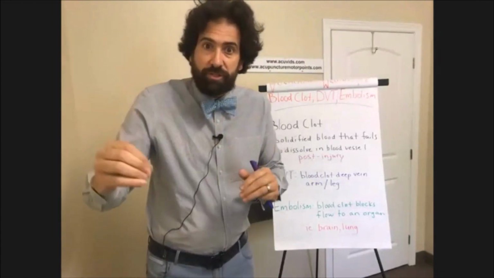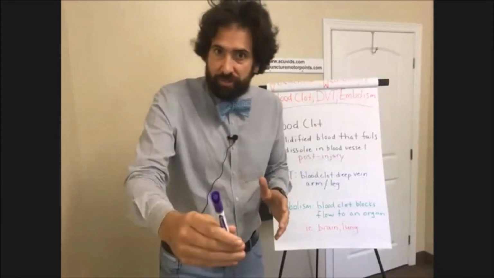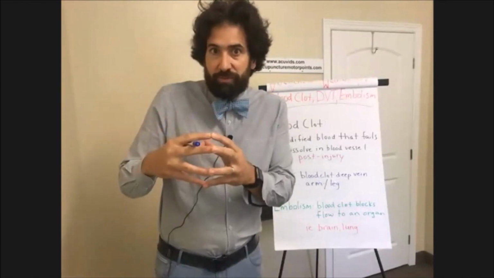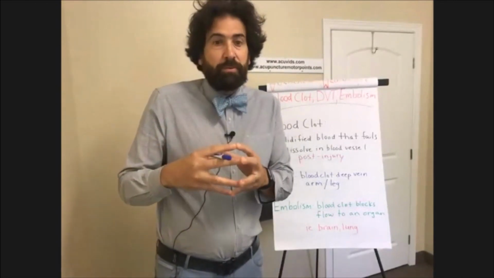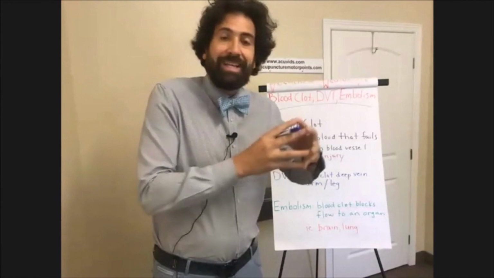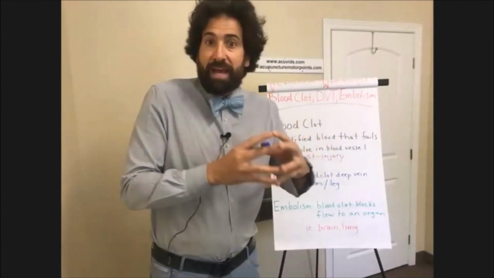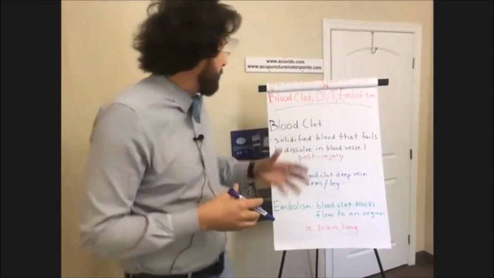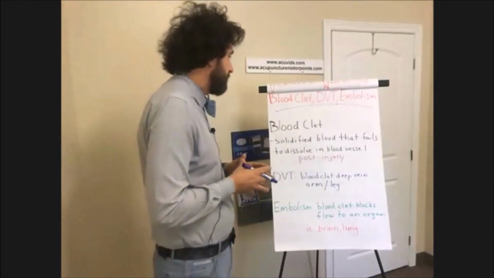That's post-injury. A fracture, someone breaks their leg, the blood vessels have to repair themselves. A muscle tear, the blood vessels have to repair themselves. So people who have other things going on, like diabetes, who have capillary fragility, blood vessel fragility, are at greater risk for things like a blood clot.